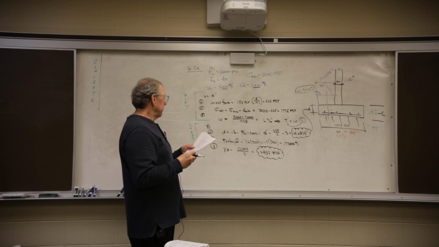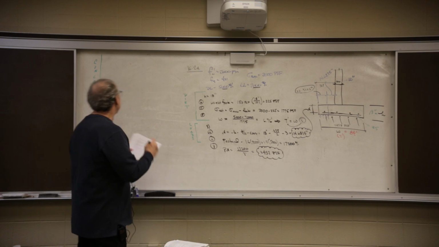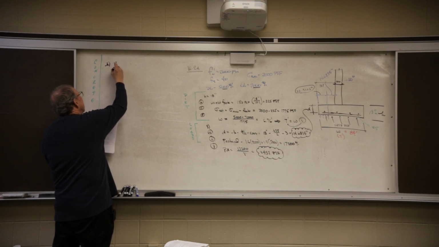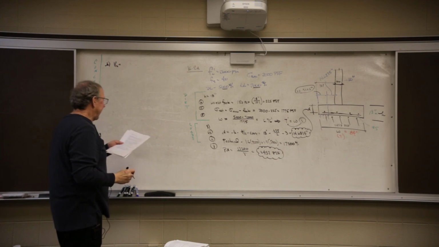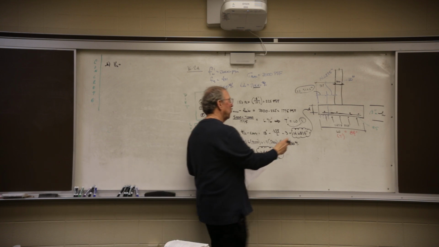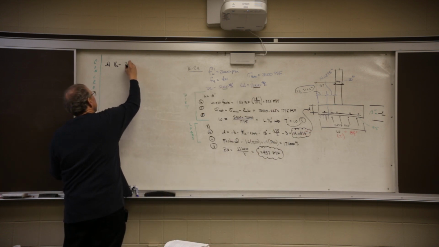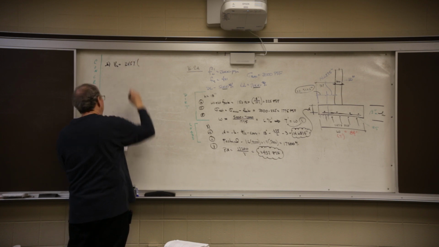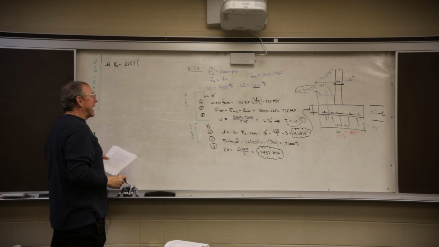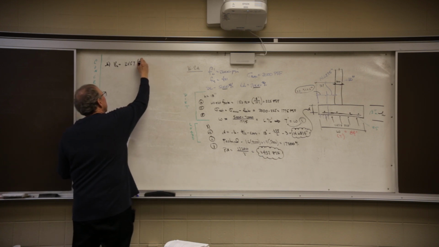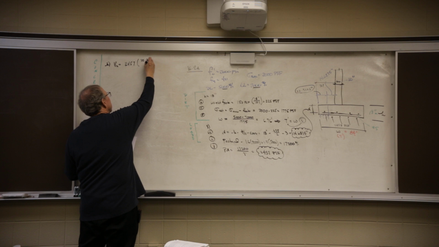Okay, so what am I going to do? I'm going to use VU. So VU, this is K. VU equals factor design soil pressure, 2457, times that little cantilever sticking out, 22.3125 in inches divided by 12 inches per foot.